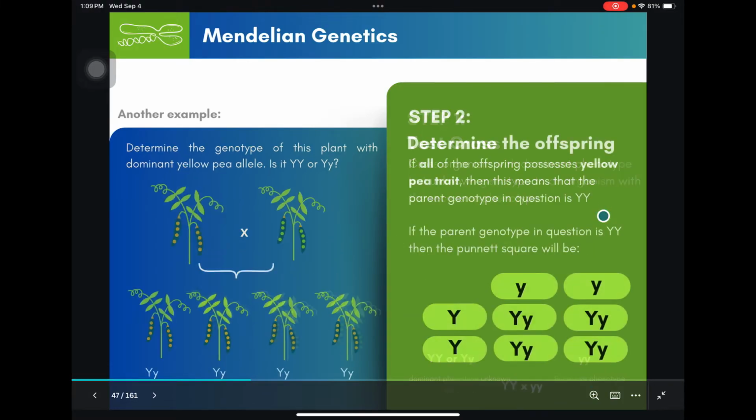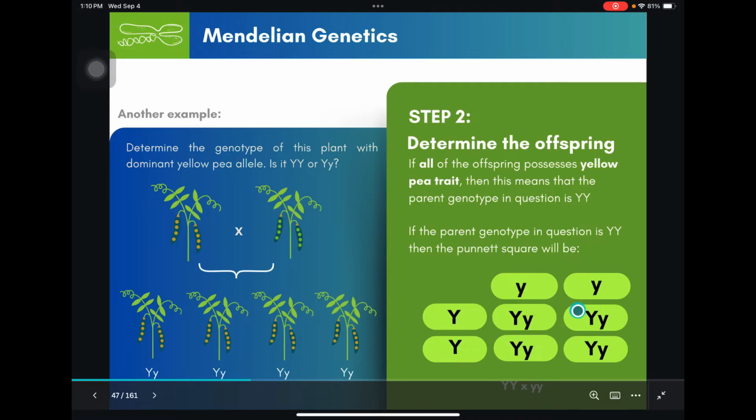If the resulting offspring all exhibit the dominant allele, this means that our parent contains a homozygous dominant allele, YY.